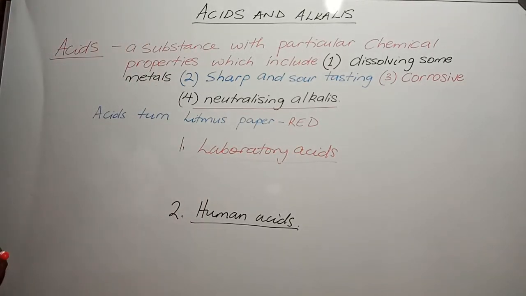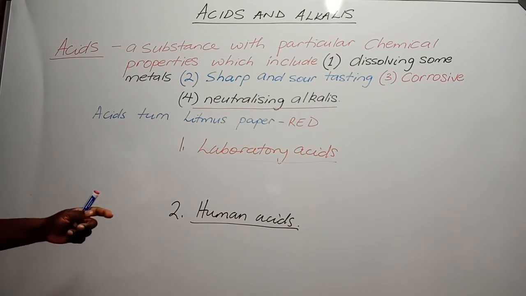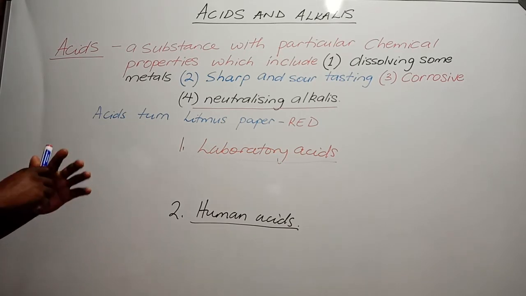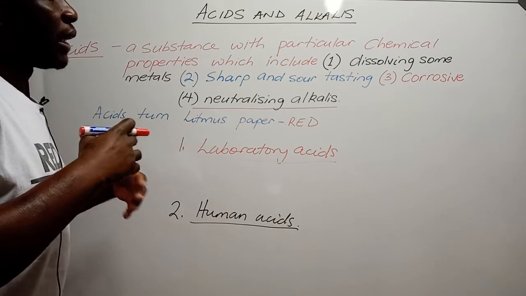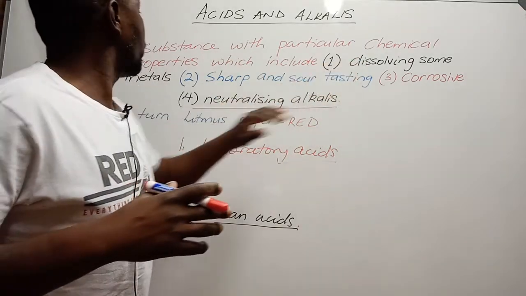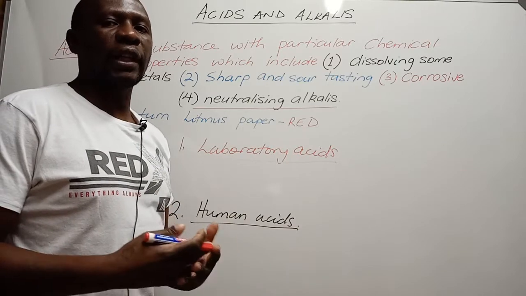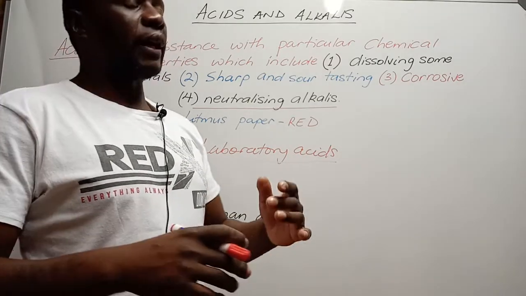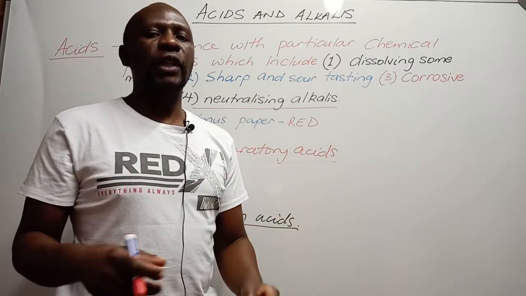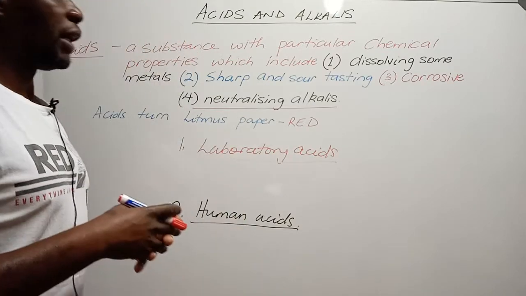Laboratory acids are the acids that have the property of dissolving some metals. These are the acids that we use in the laboratory to add to some metals, and the metals will dissolve.